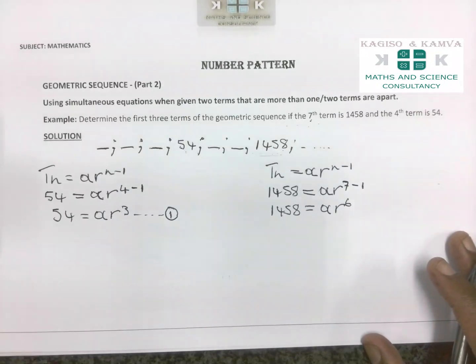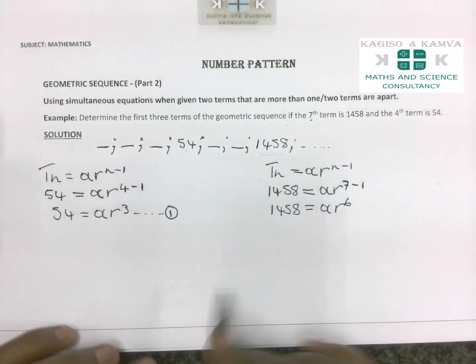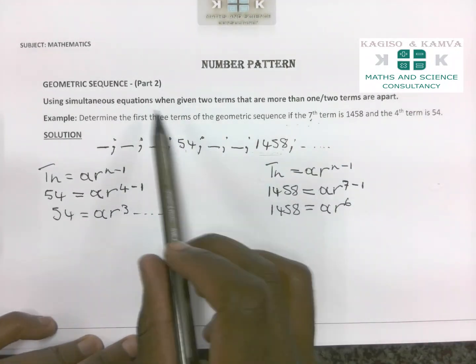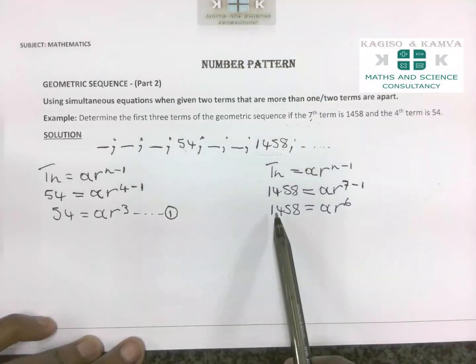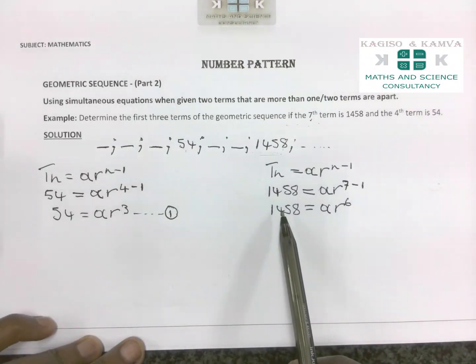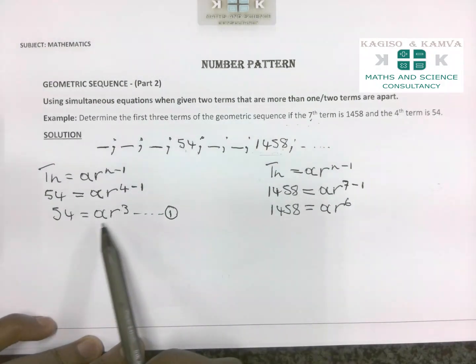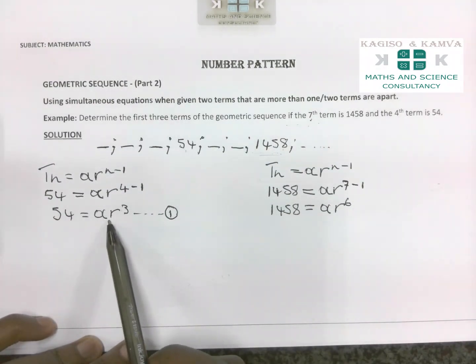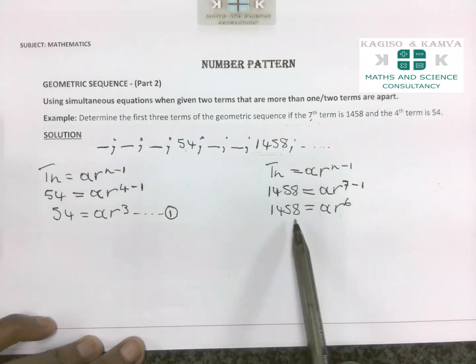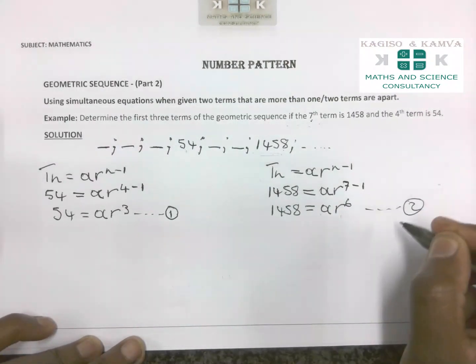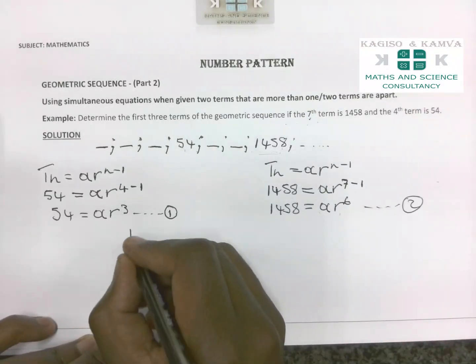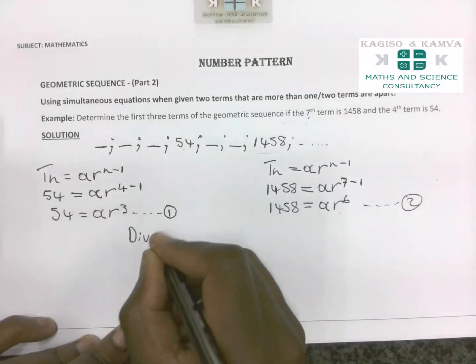Now we need to solve this using simultaneous equations, but we have two unknowns, a and r. This is equation 2. So what do we do in this case?